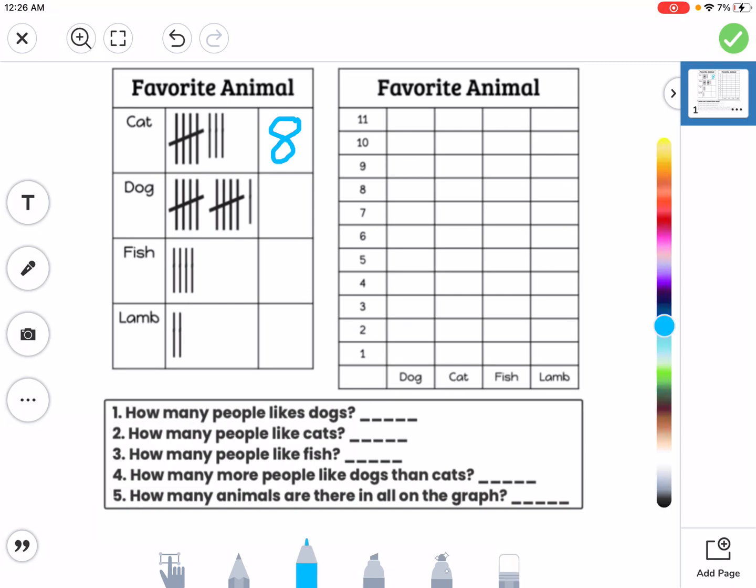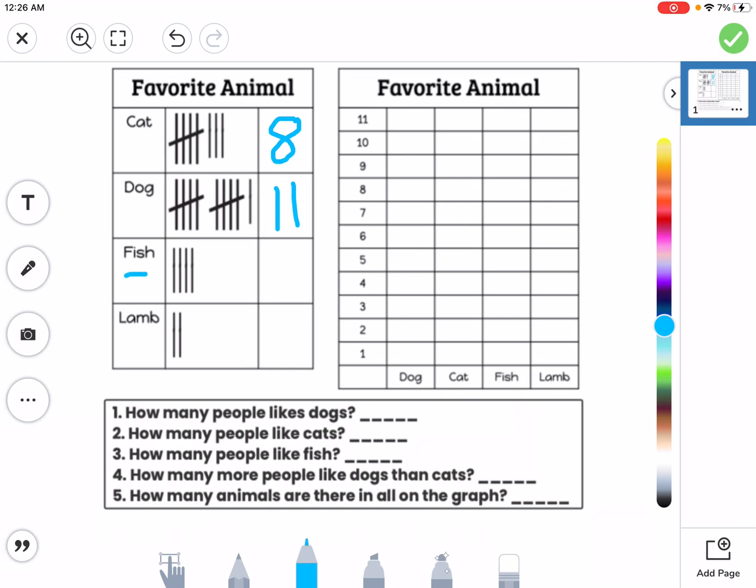Okay, so let's go to dog. We have 5, 10, plus one more right here is 11. So we have 11. 11 people, their favorite animal is a dog. Okay, so now let's look at the fish.